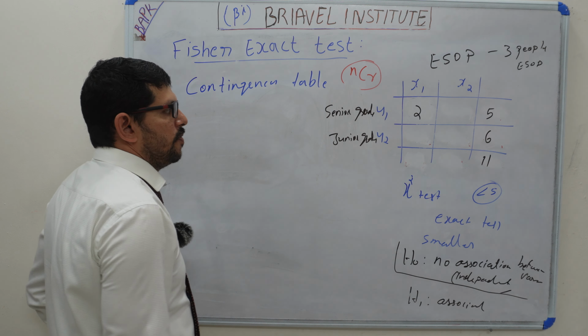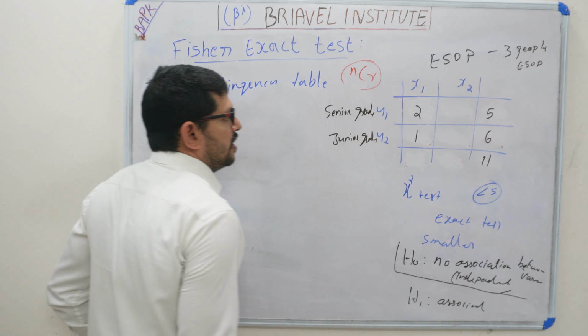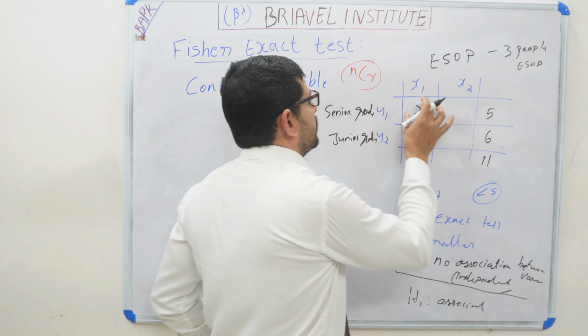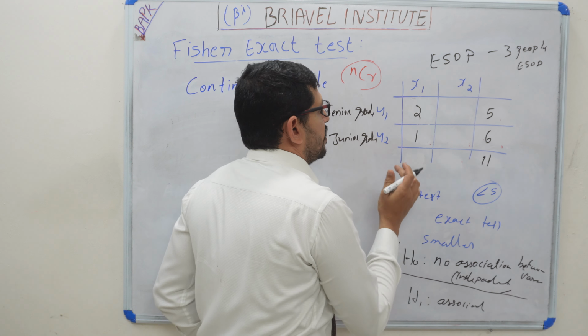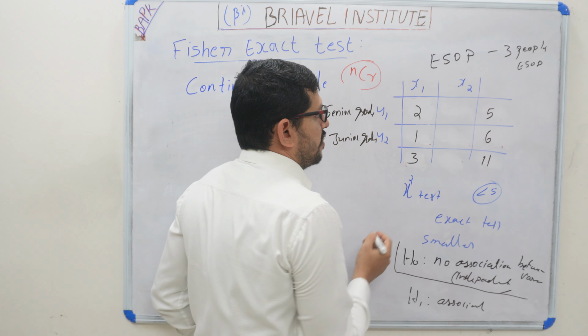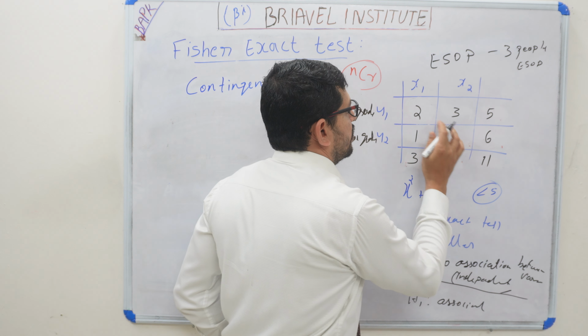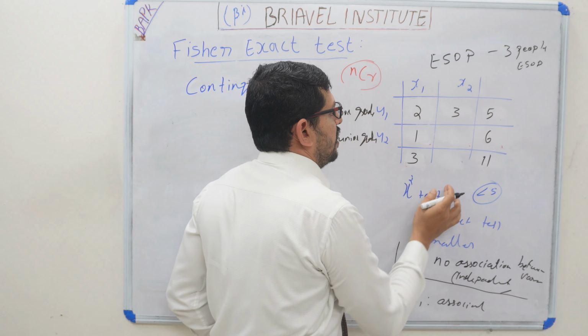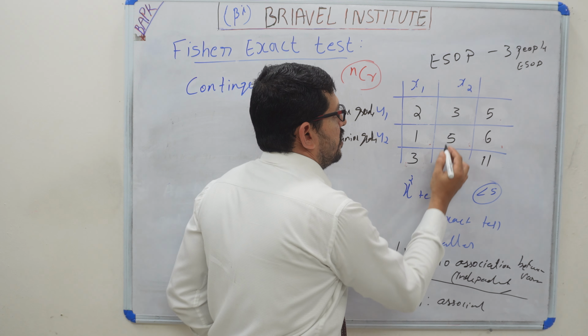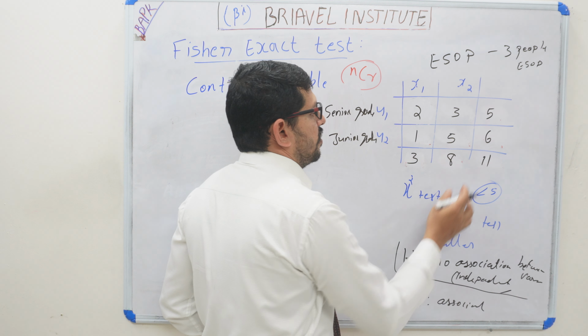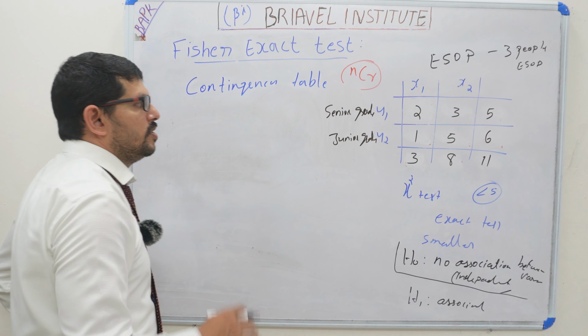Senior grade people got 2 of the share options, so this total is 3. The remaining: 5 minus 2 is 3, and 6 minus 1 is 5. So the total is 8, and overall it equals 11. So this is the problem.